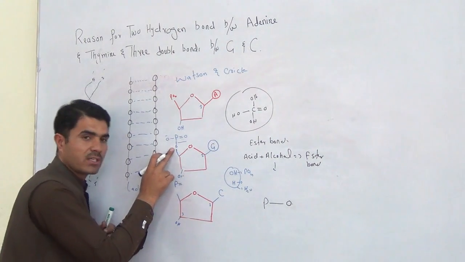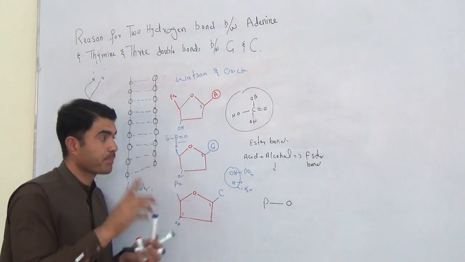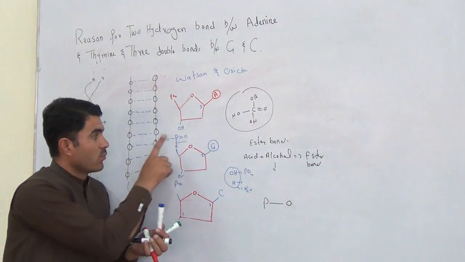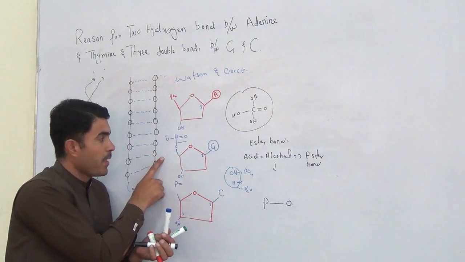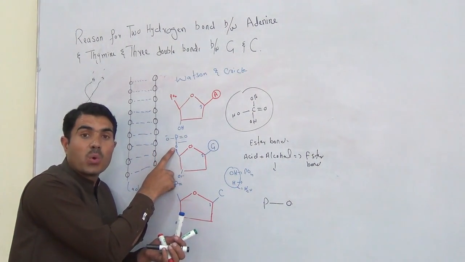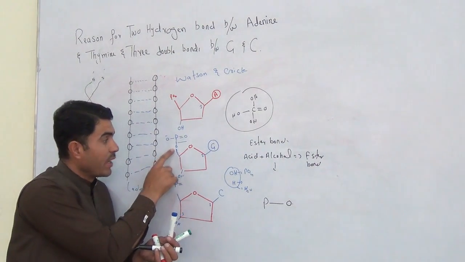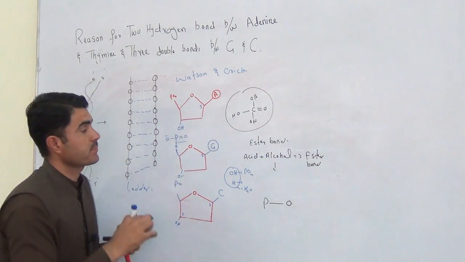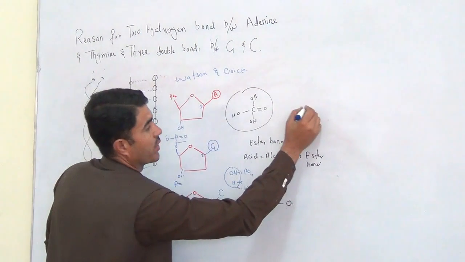So here one water molecule will be released. Remember, the OH will be released from the phosphate and the hydrogen will be released from the OH. Remember, there is OH on carbon number 5.